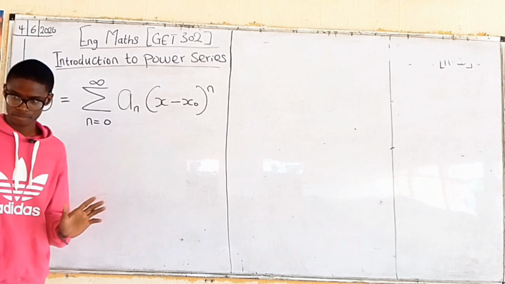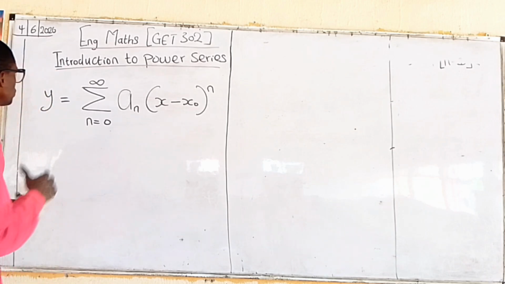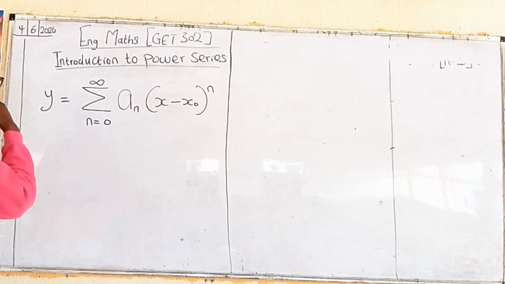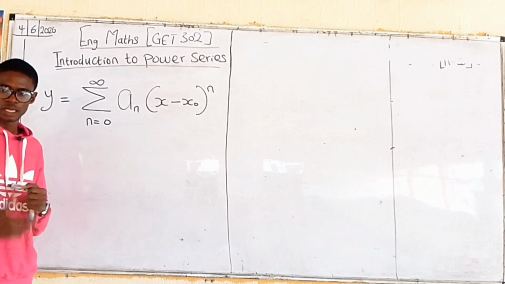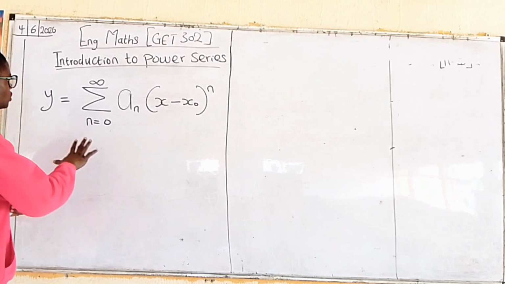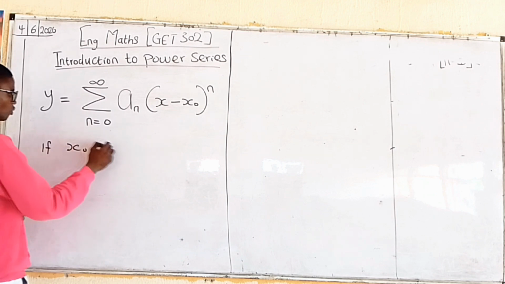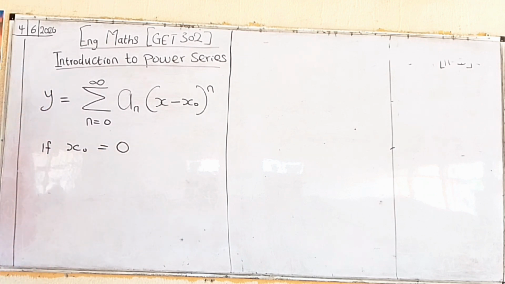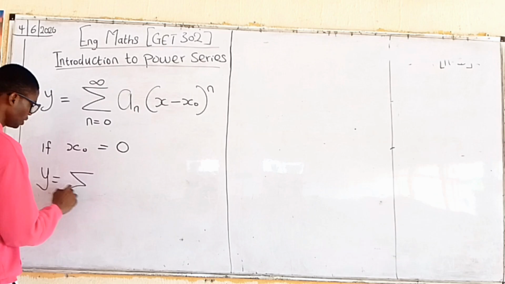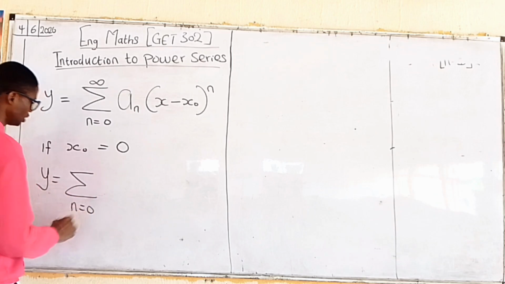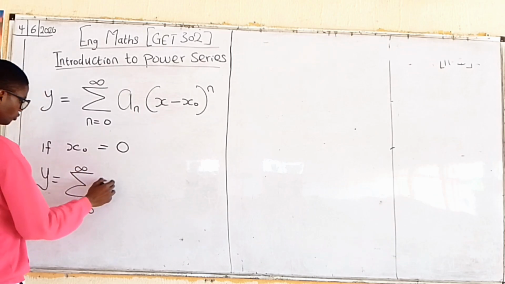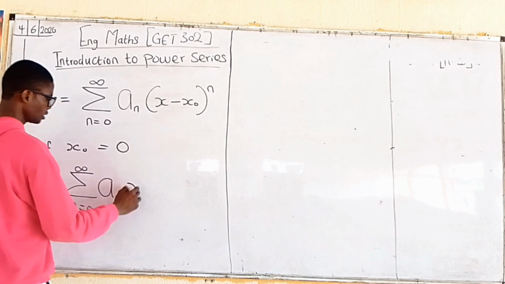So we understand that. I want us to start from somewhere and get to where we are going. So generally, if x naught, the starting point, is equal to 0, we will have y equals sigma starting from 0 to infinity of a n x raised to power n.